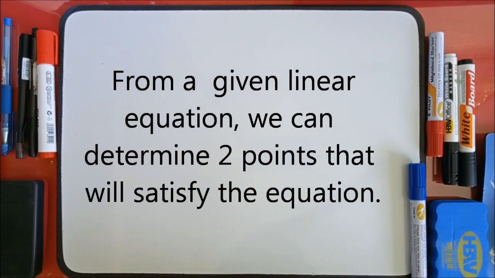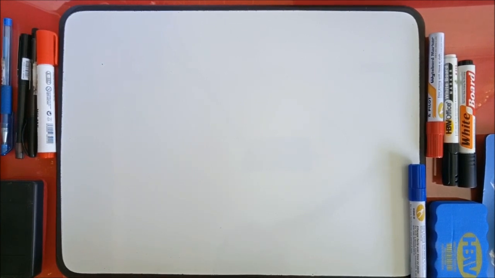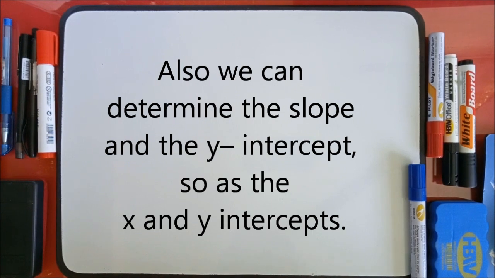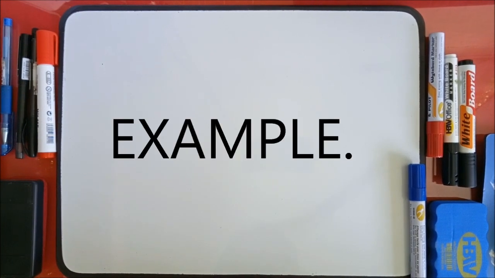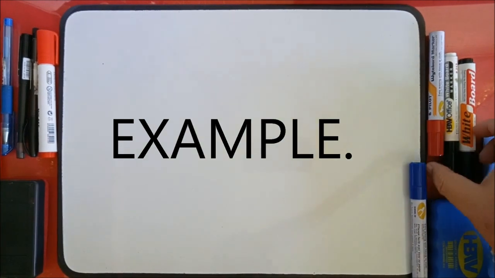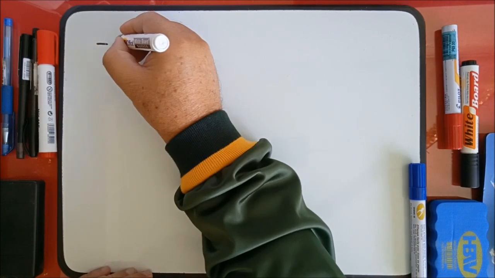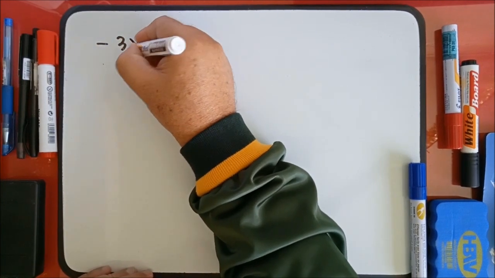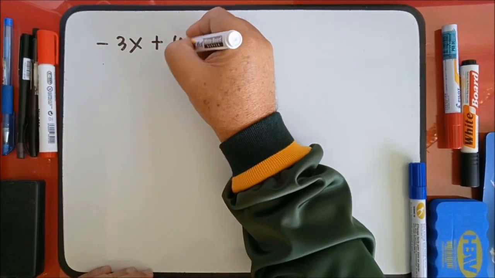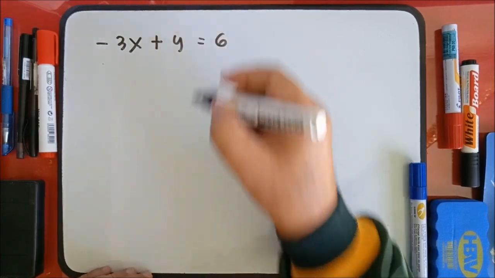From a given linear equation, we can determine 2 points that will satisfy the equation. Also, we can determine the slope and the y-intercept, as well as the x and y intercepts. For example, we have negative 3x plus y equals 6.